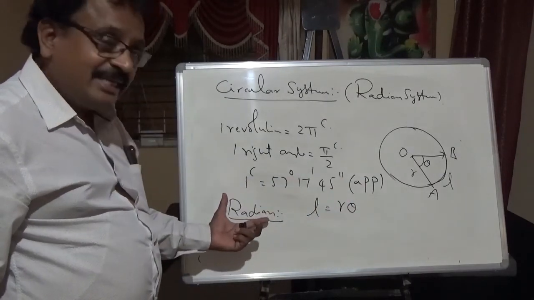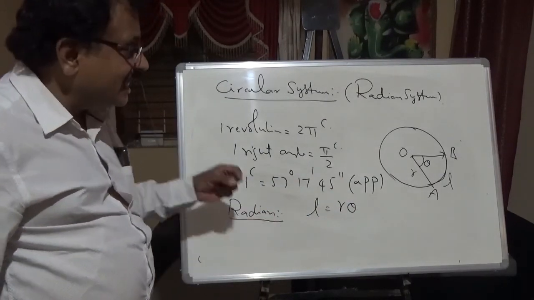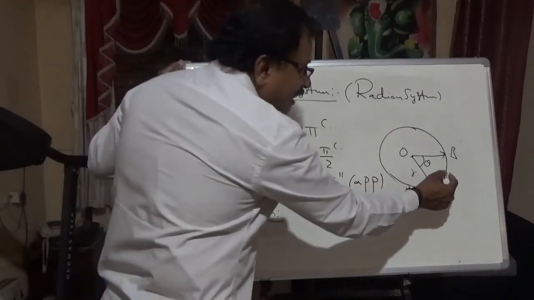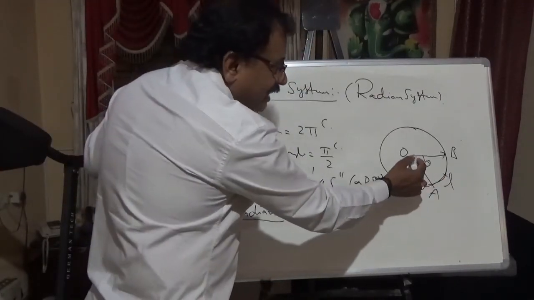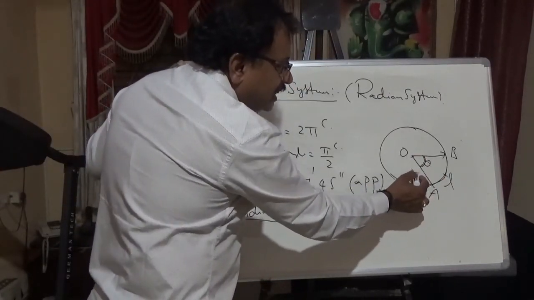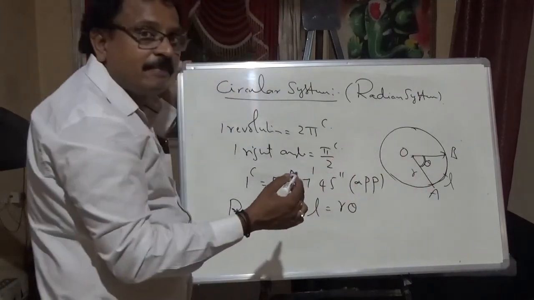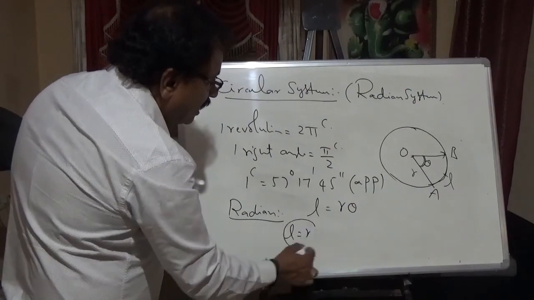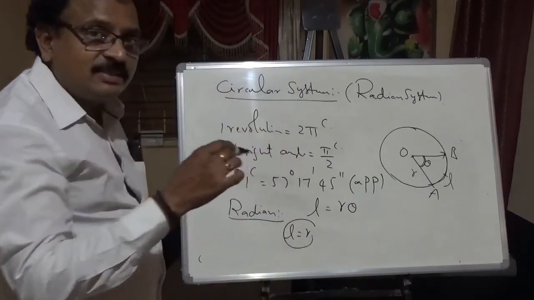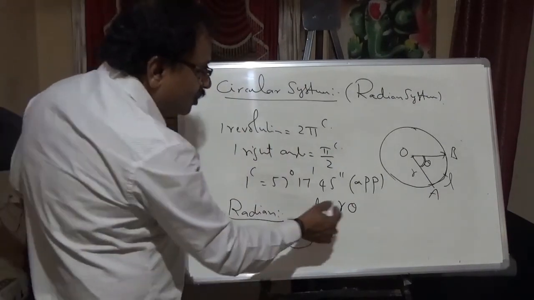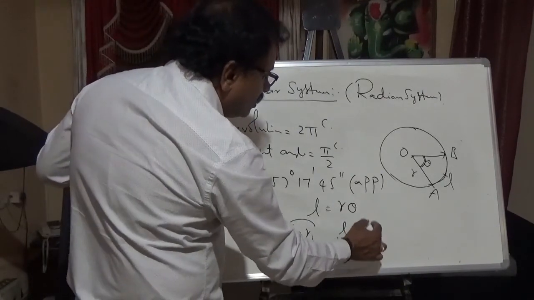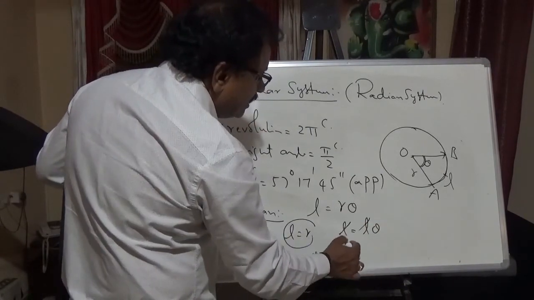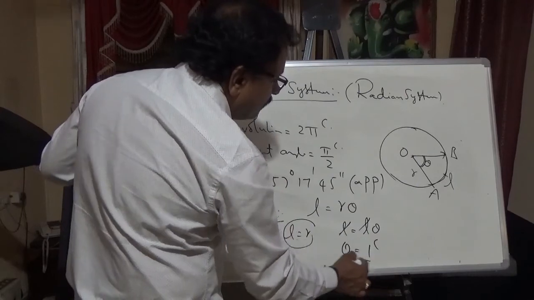Now we can define the radian like this: the angle subtended by an arc at the center of the circle whose length is equal to the radius. When L and R are both equal, length of arc and radius both equal, L is equal to R theta, R and R cancel, theta is 1 radian.